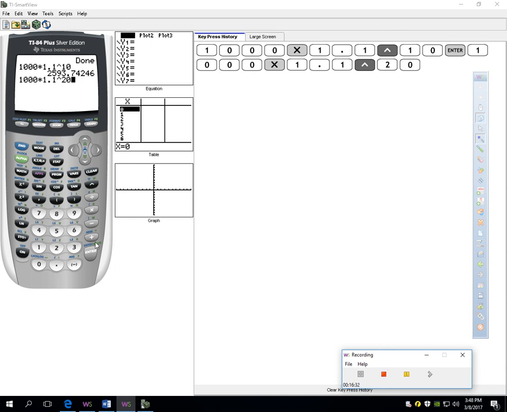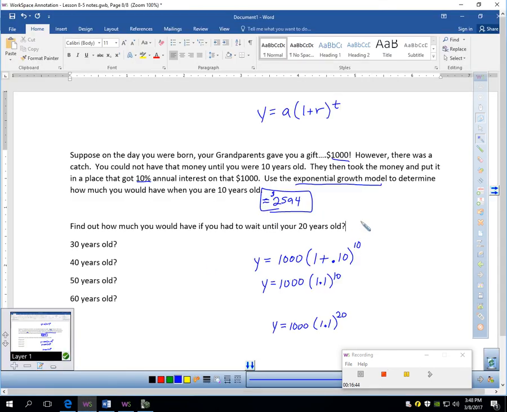So at 20 years, it looks to me like if we waited till we're 20 years old, our grandparents' gift of $1,000 would be about $6,727. Let me write that down, $6,727. So if I waited till age 20, I just made an extra, well, I'm rounding in my head, an extra, what, at least $4,000, an extra $4,000. I didn't have to work for it, okay?